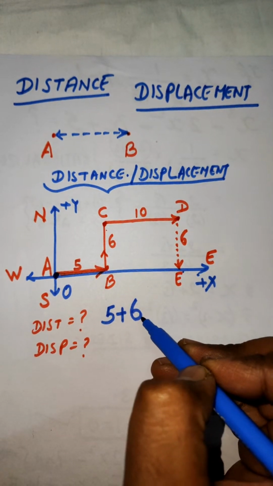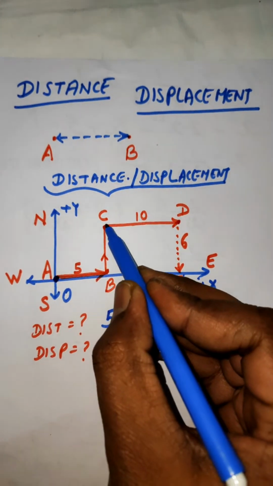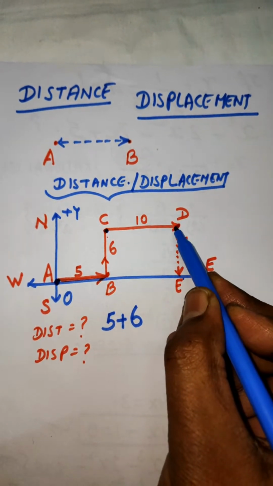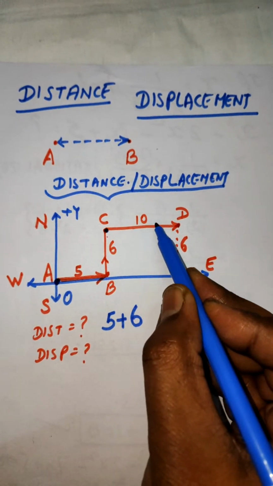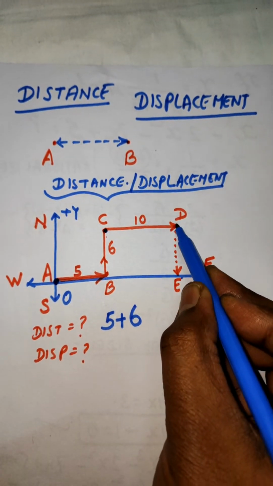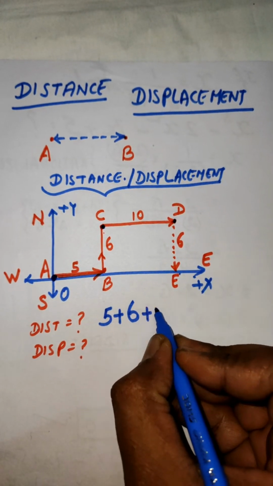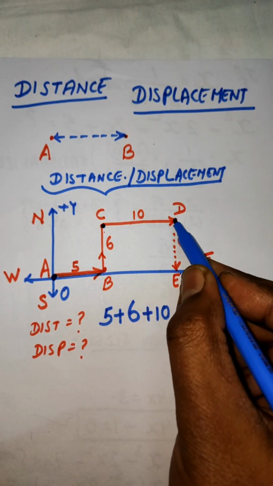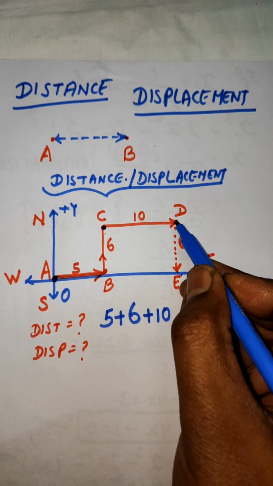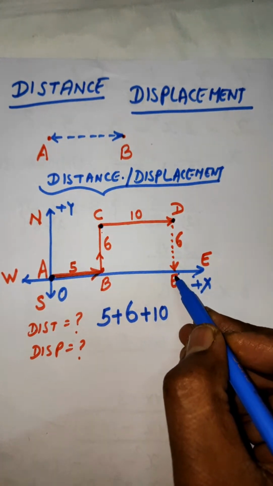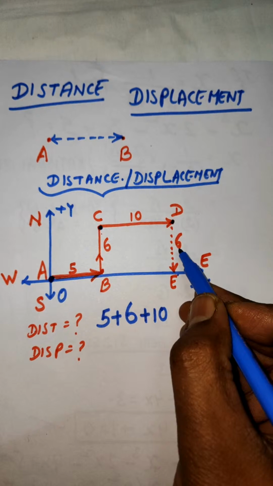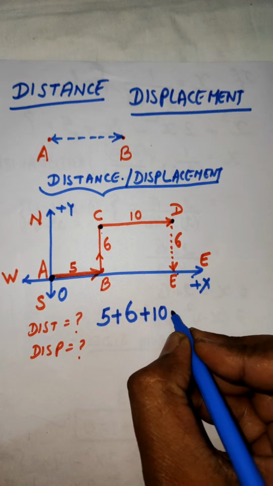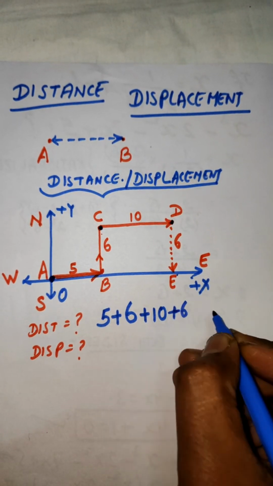Now what is the position of the person? That man is standing at C now. From C, he turns towards east, right? So another 10 kilometer is covered when the person reaches D. Now add this 10 to the total distance, right? Now the person is standing at D. After reaching D, he turns towards south and travels another 6 kilometer and reaches the position E. Now just add that 6 kilometer to the total distance.